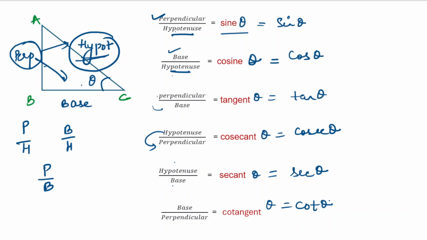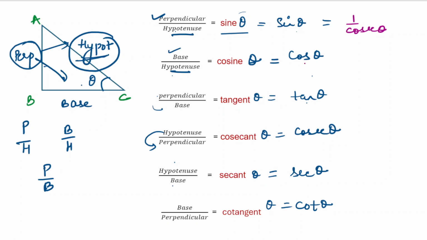So these are the ratios of the sides of a right angle triangle with respect to angle theta, which is an acute angle: sine theta, cos theta, tan theta. You can see that sine theta is just the opposite of cosec theta, because in sine theta we have perpendicular upon hypotenuse, and here we have hypotenuse upon perpendicular. We can write sine theta as 1 upon cosec theta.